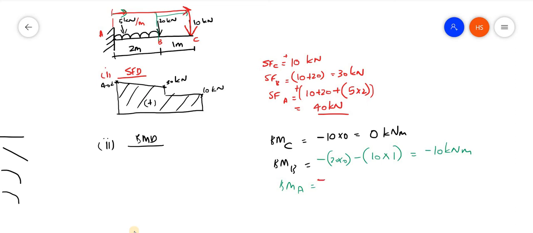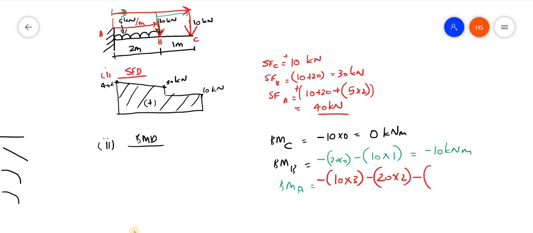So minus of 10 into the perpendicular distance, 2 plus 1, that is 3. Then again minus, because it is also rotating clockwise, minus of 20 into the distance, 20 into 2.